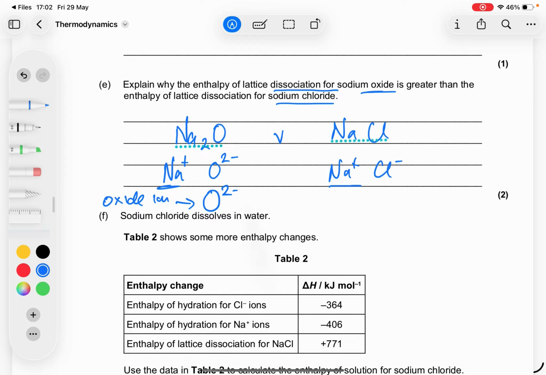The oxide ion has greater charge than chloride ion and smaller size than chloride. Can you see the word than?